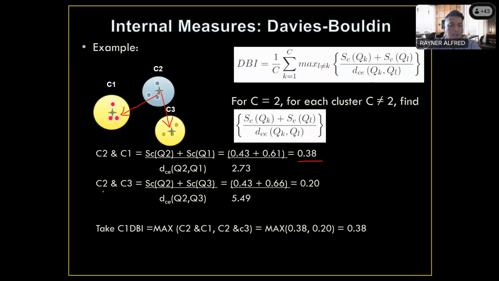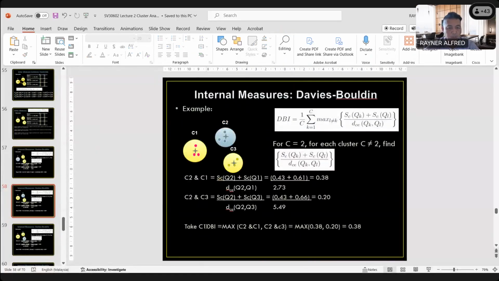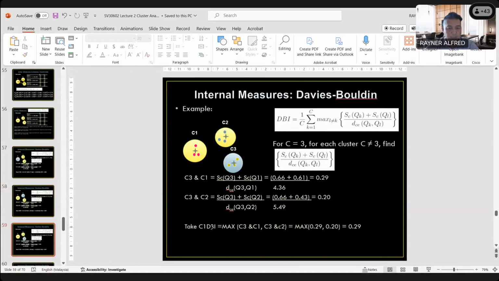Okay, and also cluster 2 and 3. So we plug in the value and we get 0.2. Okay, so this one's supposed to be 2. This is 2, right? And this is 3.